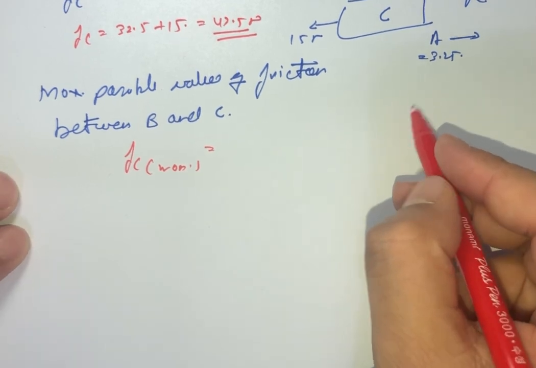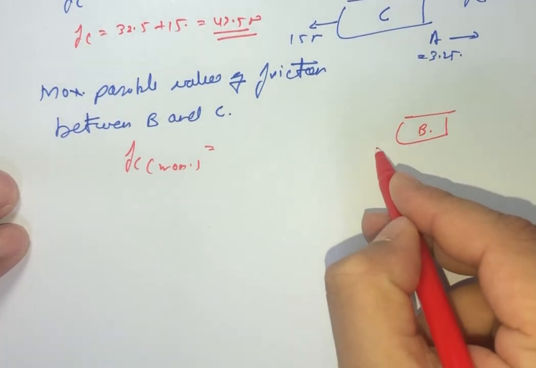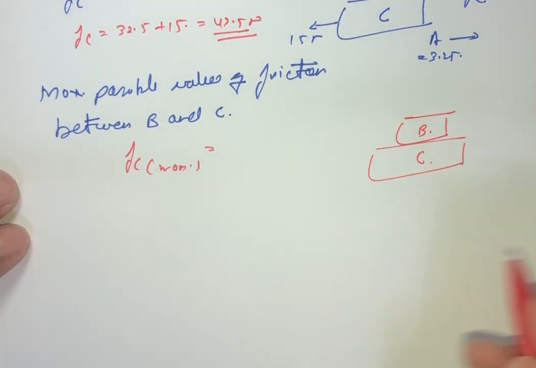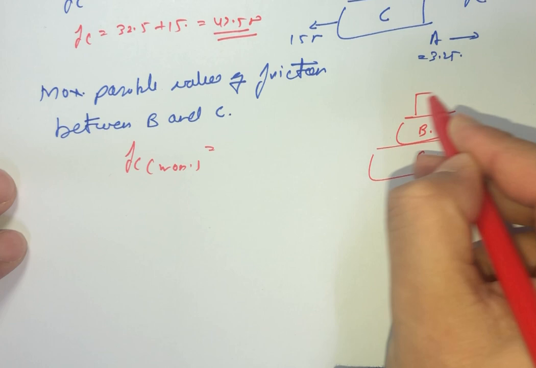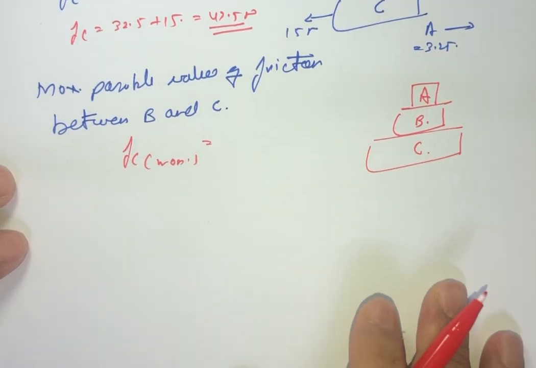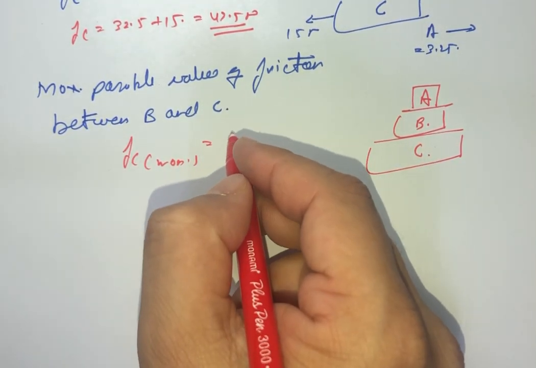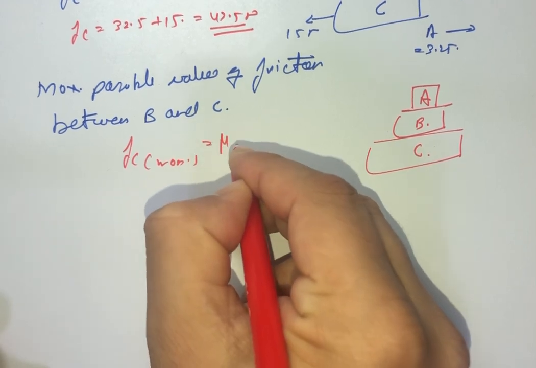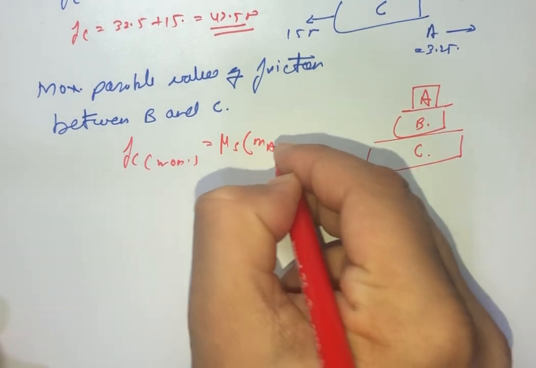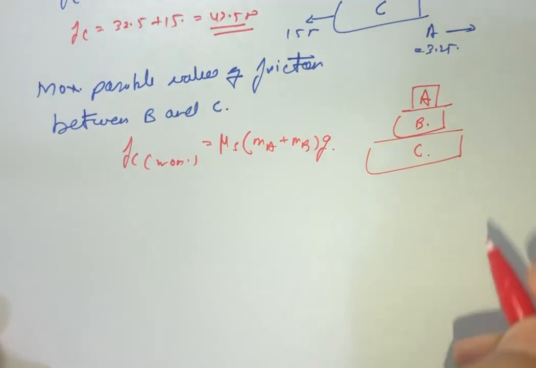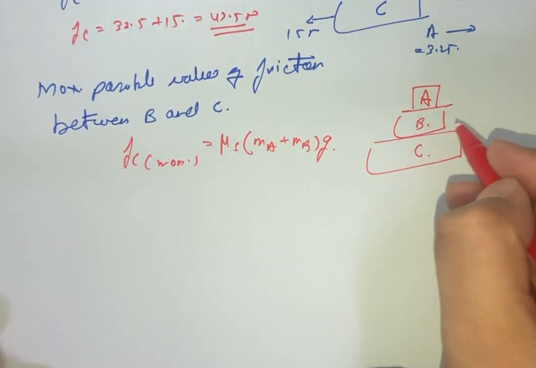So we have, this is our B block and this is our C block, and above it, this is our A block. So we can say this FC max is equal to mu s times (mass of A plus mass of B) times g. So this will be the maximum value of friction between B and C.